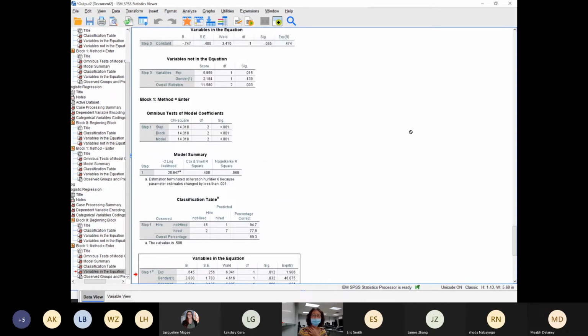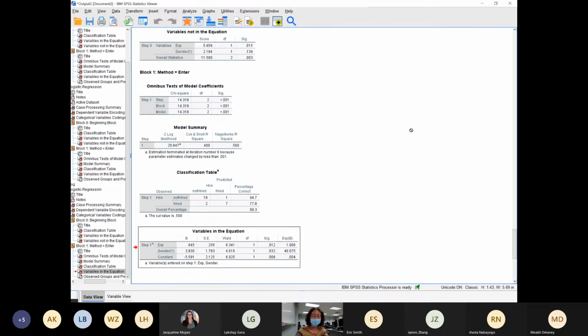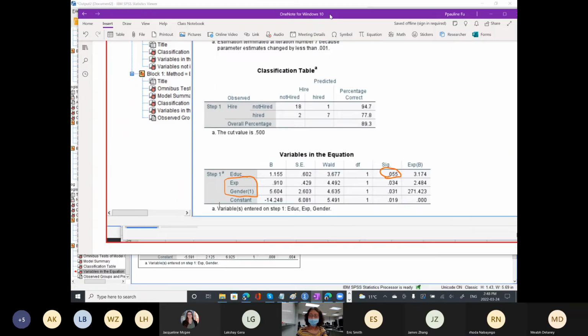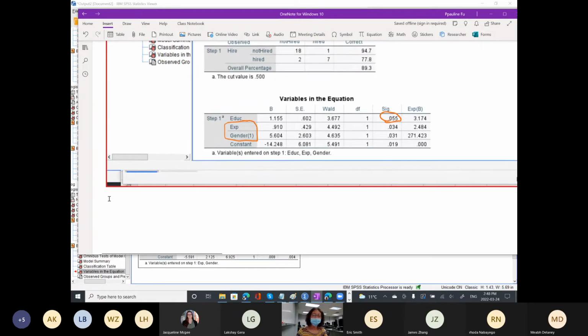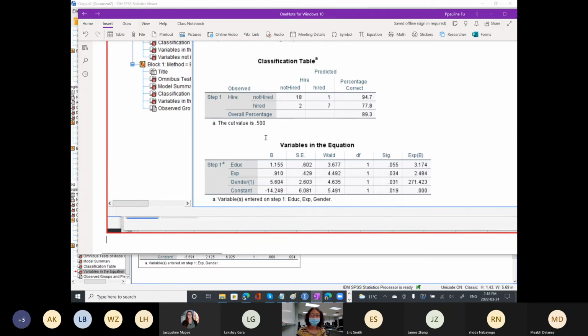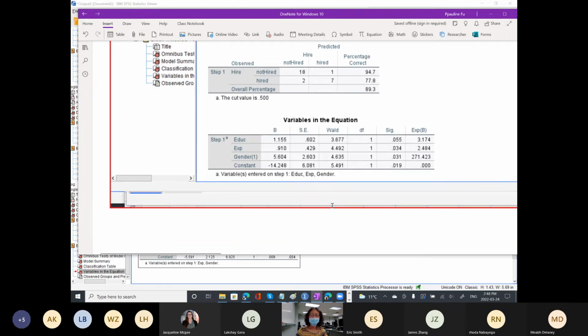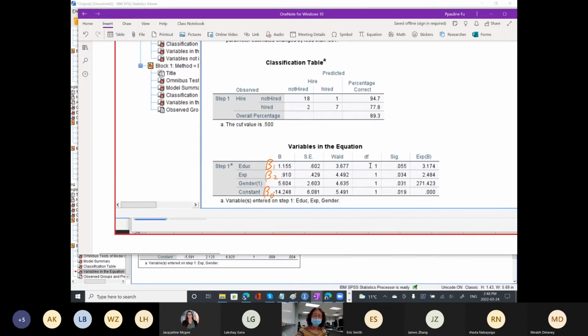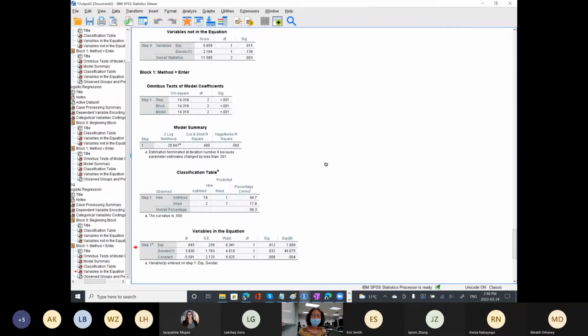I'll just copy here because the question also asks you to write down an equation. So this is our beta 1, beta 2. The constant is my beta 0. Oh no, is this one? This is the first. I should copy this one.